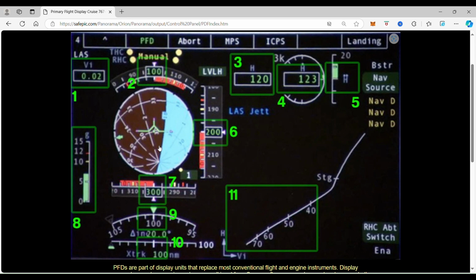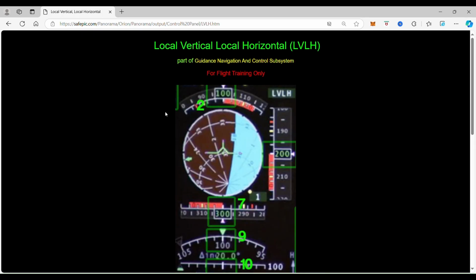So if you are a Patreon Into the Future tier subscriber and you click on this globe or this area right here, we're going to go to the local vertical local horizon. And when you click on it, it will take you to the local vertical and local horizon.